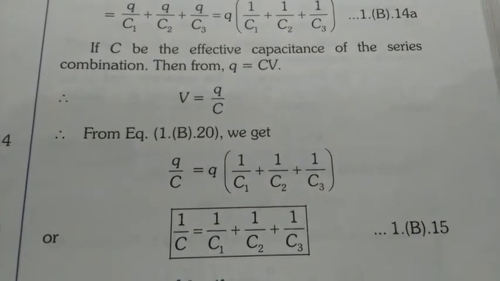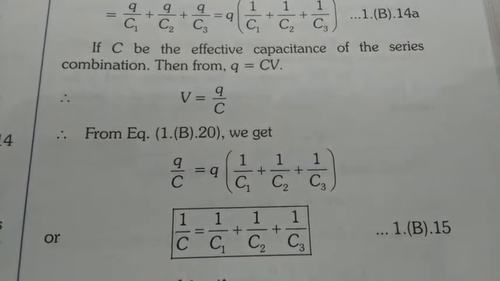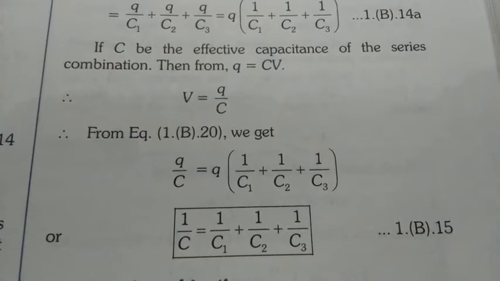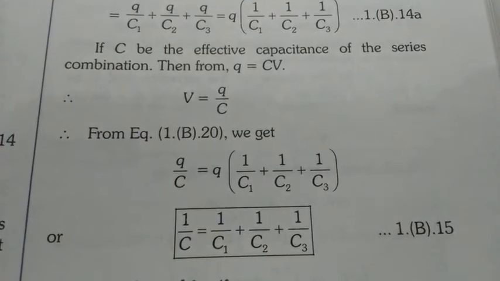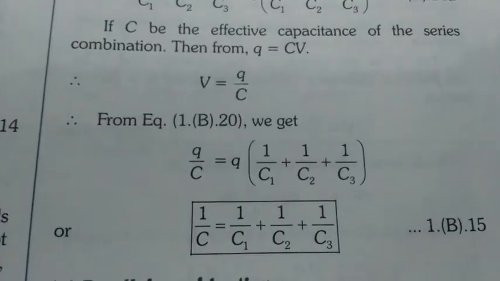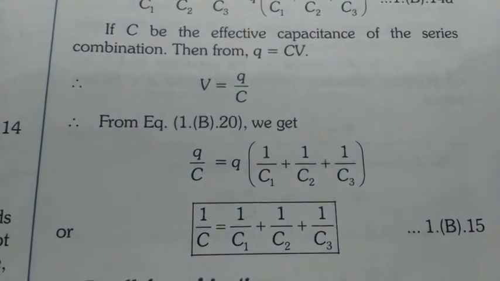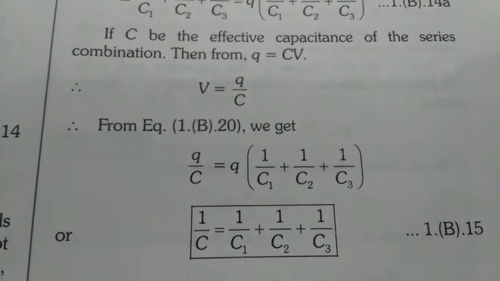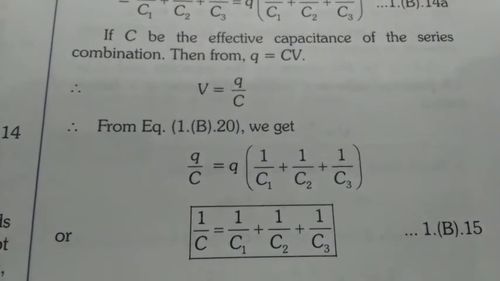That means if capacitors are connected in series, their resultant capacitance will be less than the least value of individual capacitance. That means when capacitors are connected in series, their capacitance decreases. The ability to store charge decreases.